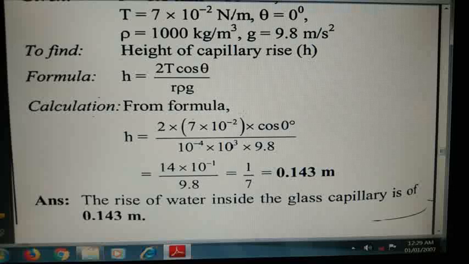So that is minus 2 plus 1, equal to 10 to the power minus 1. When we calculate this, it is equal to 1 by 7, and 1 by 7 is equal to 0.143 meter. So the rise of water inside the glass capillary is 0.143 meter, that is the height.